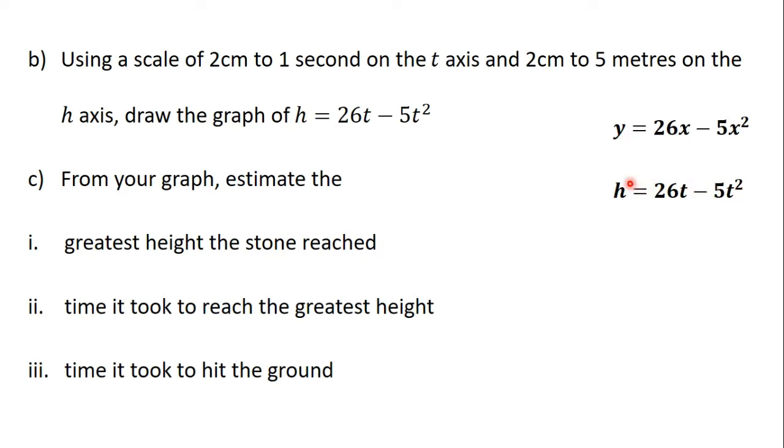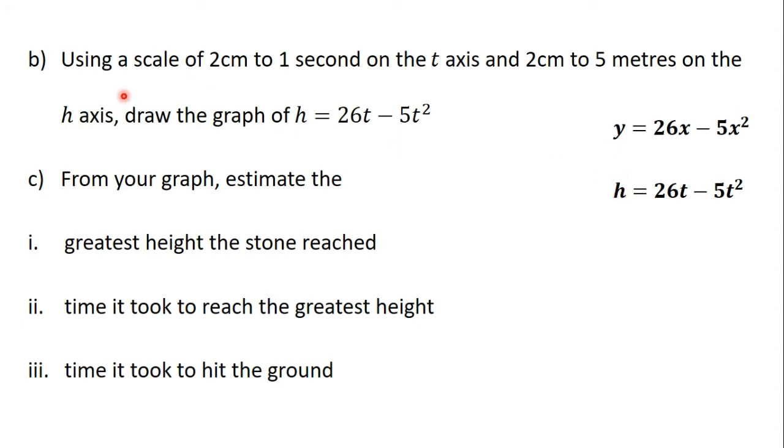We can see that y is now h and x is now t. So if the question says t-axis, it is referring to the x-axis because x is t. And if the question says h-axis, it is referring to the y-axis.